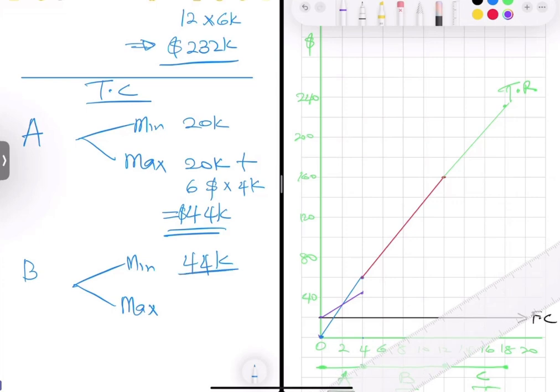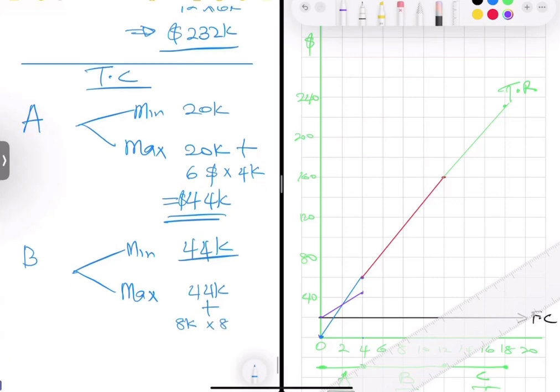For B, we said minimum is 44K, but maximum will now be 44K plus its own variable cost at max. And that's selling how many units of B? We're selling 8,000 units of B. And the variable cost is $8. So that's plus 64.